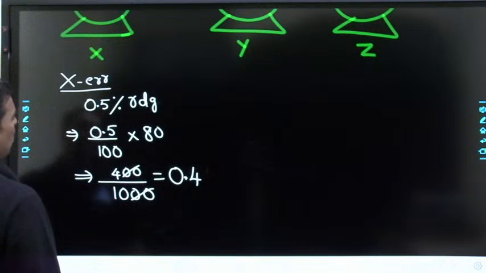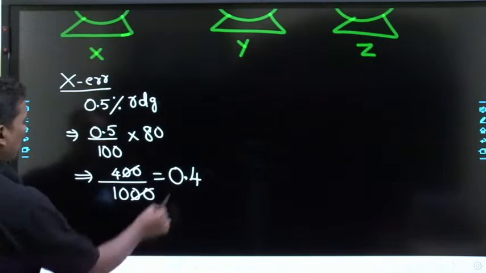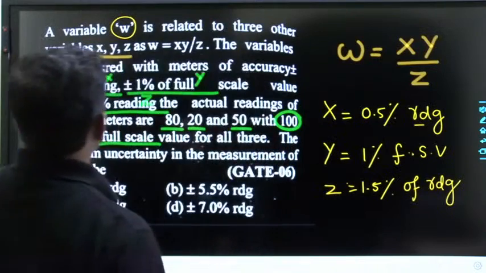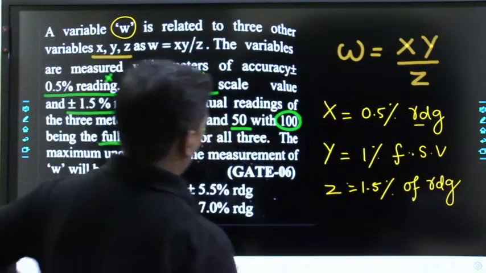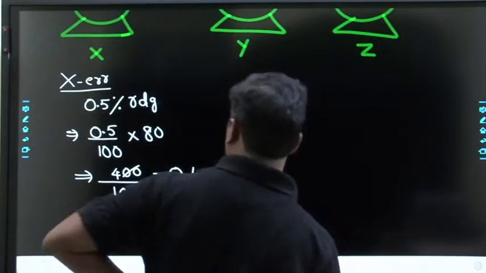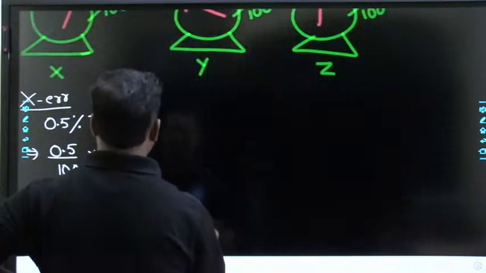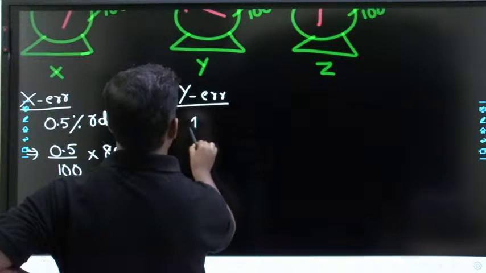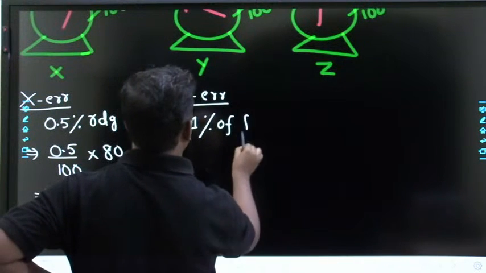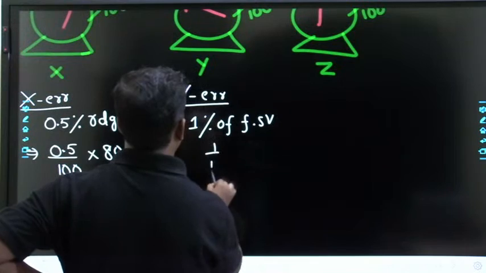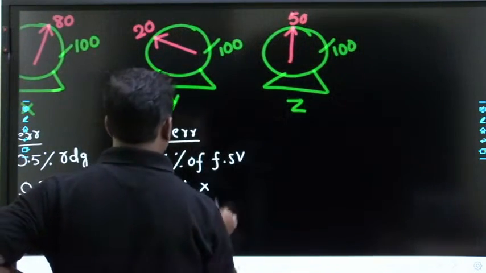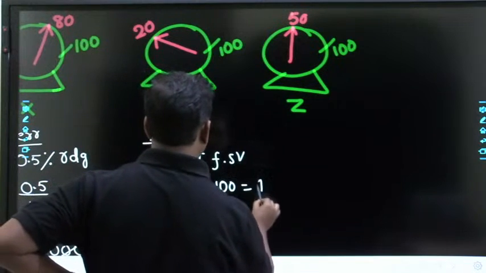0.4%. Okay? 0.5% of the reading means that is 0.4. Okay, next. What is given? 1% of full scale value. So for Y the error is 1% of full scale value. 1% of full scale value means 1 by 100 into full scale value 100, that will be 1.